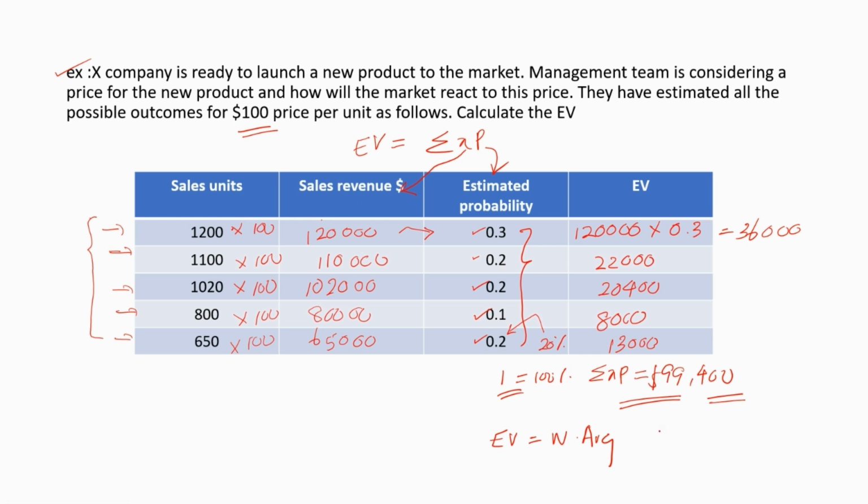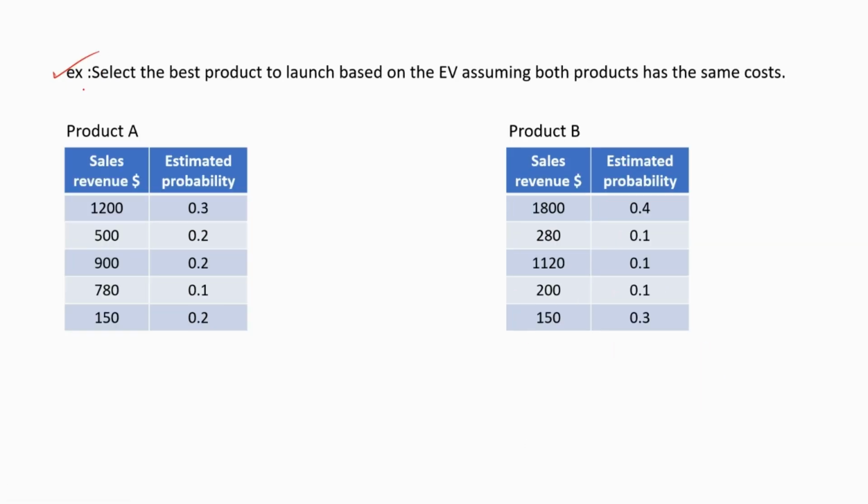Now let's do an example. Select the best product to launch based on the expected values, assuming both products have the same costs, which means both products have the same cost. If the sales revenue is higher, that product will make more profit.